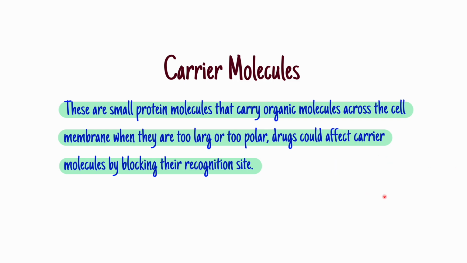For example, glucose. Glucose needs transporters in order to be transported inside the cell. By targeting these carrier molecules with drugs, you can inhibit the absorption of glucose, or you can enhance the absorption of glucose, depending on the desire that you want to achieve.